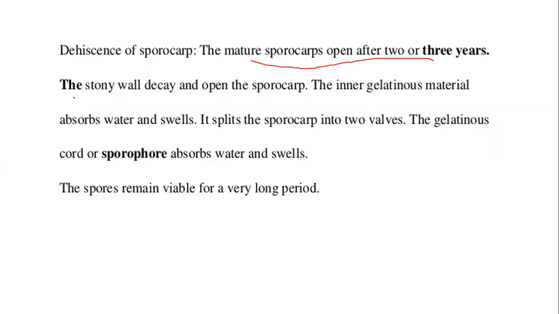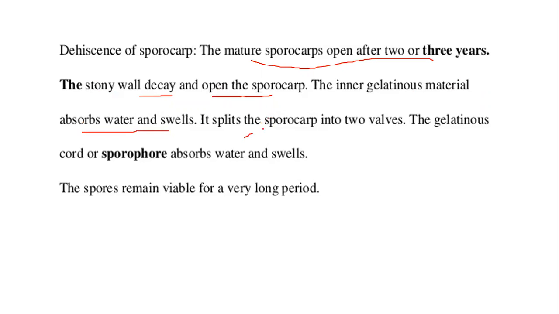Now, the stony wall. I told you that they have a stony wall or a hard covering layer of the sporocarp, that we call the stony layer. It will undergo decay, and when it decays well, it opens the sporocarp. Now the inner gelatinous material will absorb the water and swell.